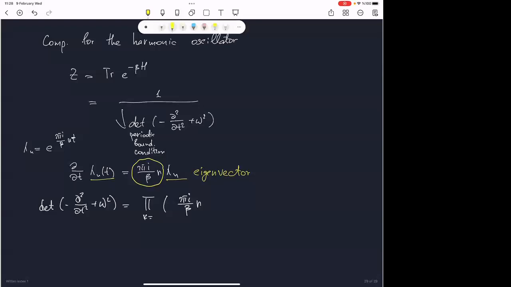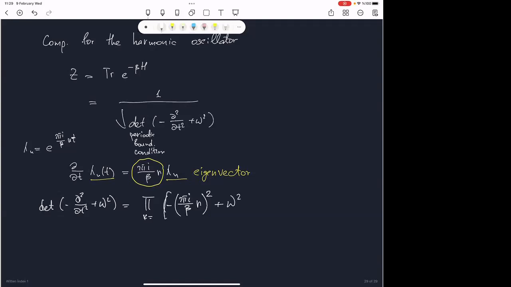Since we have d squared dt squared, we have the square of this, so it's minus here and the square of this, and then just plus omega squared.